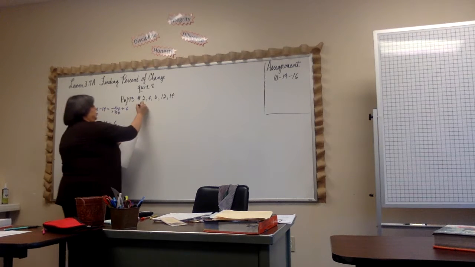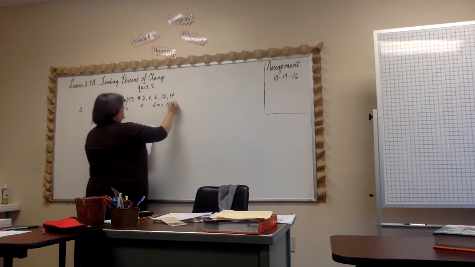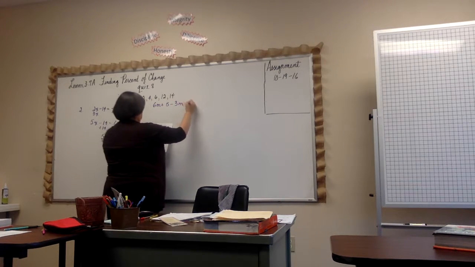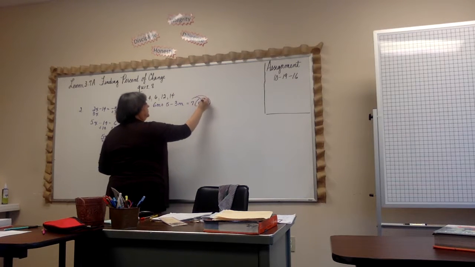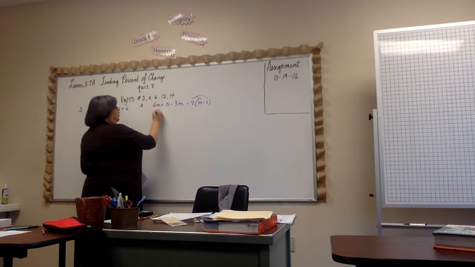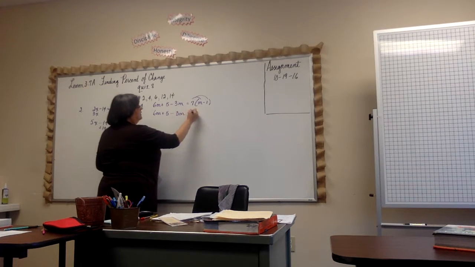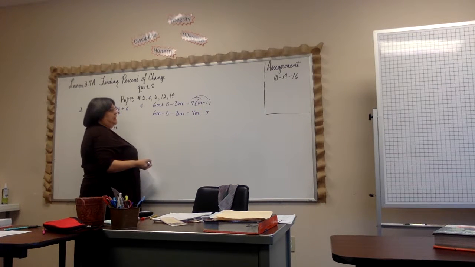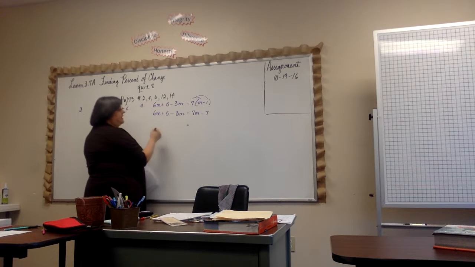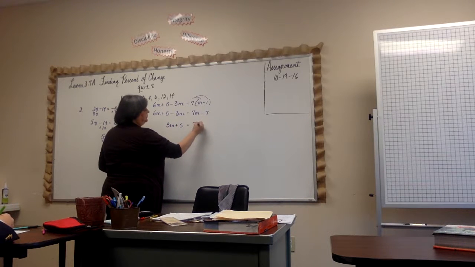Number 4. First we'll do the distributive property, so that will equal 7m minus 7. Then we'll put the like terms together on the left side, so we'll have 3m plus 5.